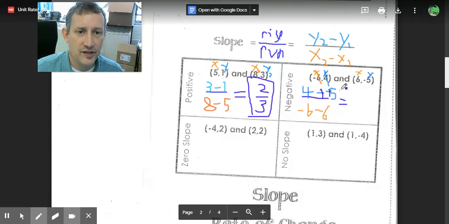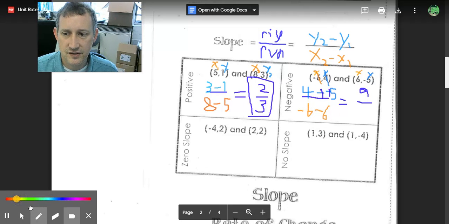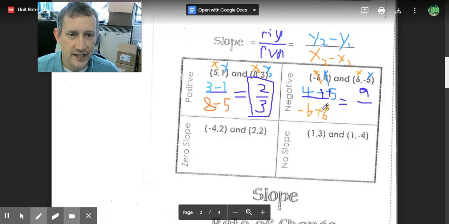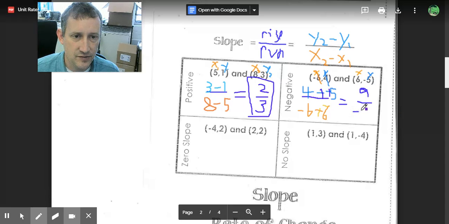So 4 plus 5 is 9, positive. Uh-oh, negative 6, and you have another negative 6. So negative 6, remember subtraction is just adding a negative. Negative 6 plus another negative 6 gives us negative 12. So the answer on the bottom is negative 12. See, you have a negative slope. Can you reduce this? Yes, you can. That reduces to 3 over negative 4.